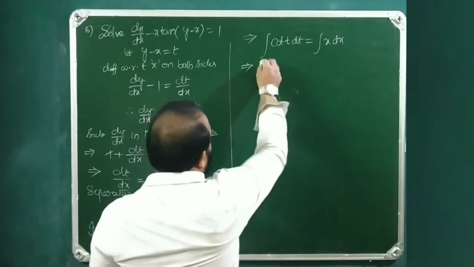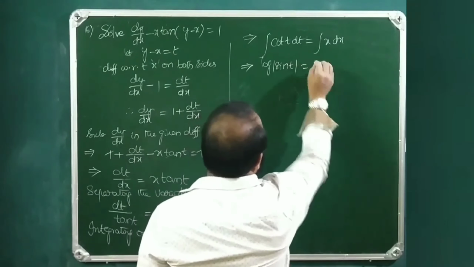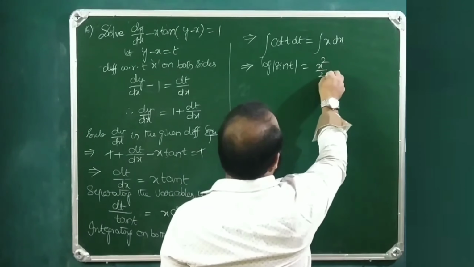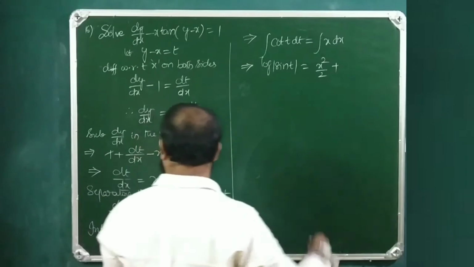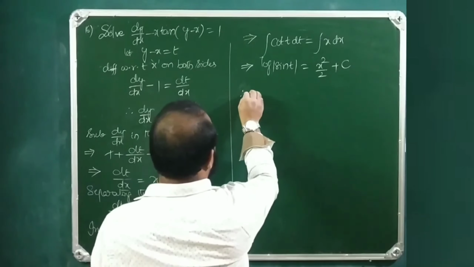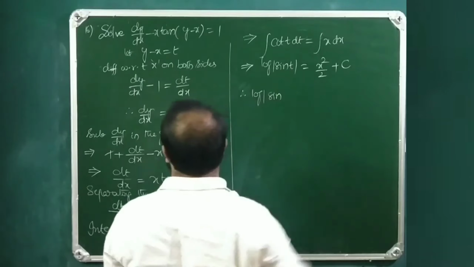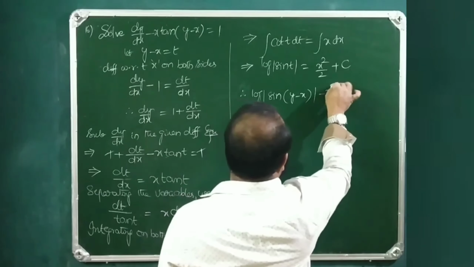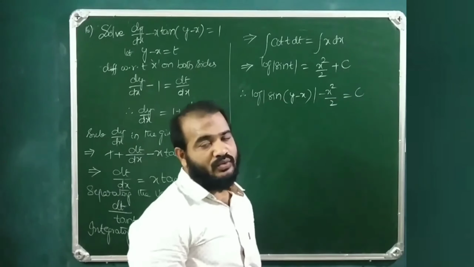So log sin t equals integral x dx, which is x square by 2, plus constant of integration c. Therefore log sin of (y minus x) equals x square by 2 plus constant of integration c, which is the required solution.